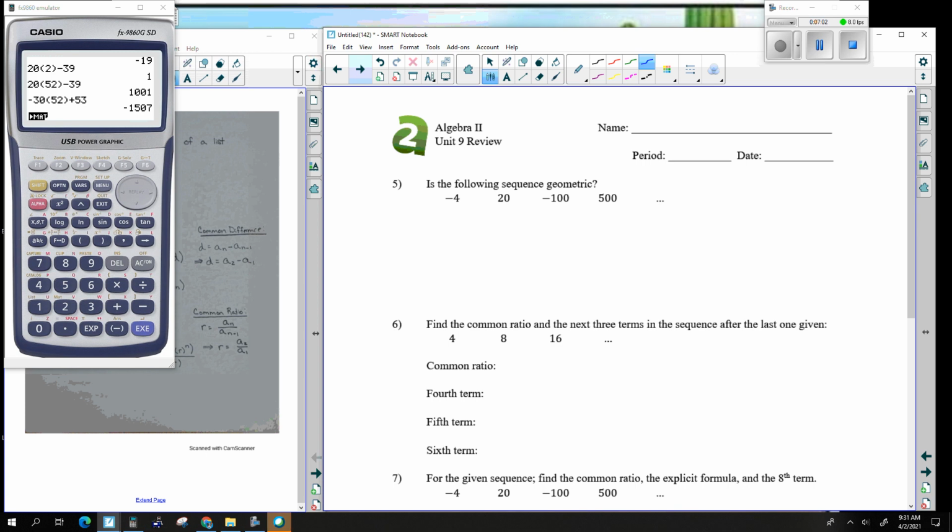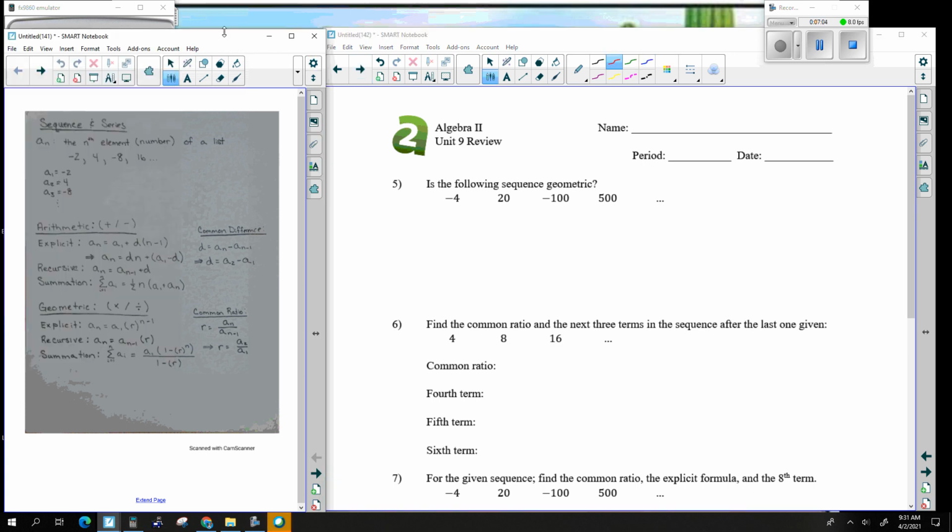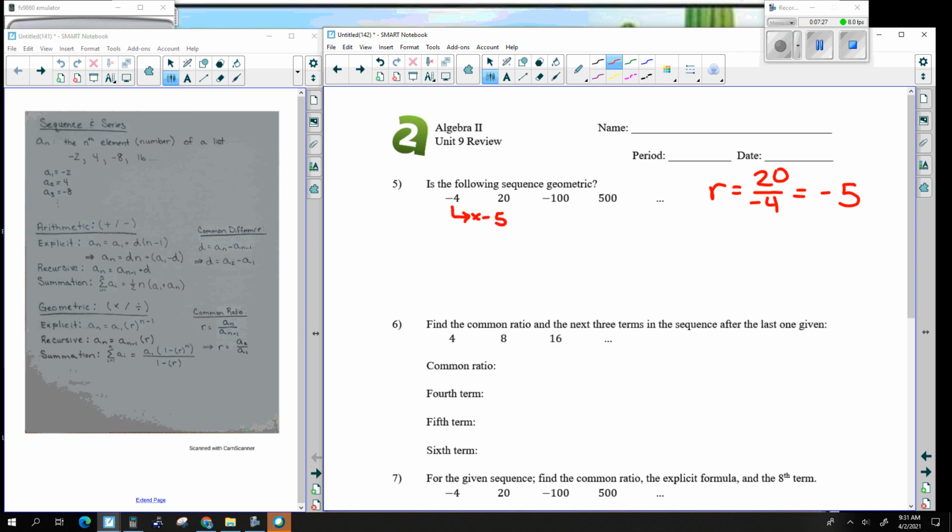Geometric. Okay, so geometric, make sure you take a look, and we have a whole category of geometric. So geometric is multiplying. So is the following sequence geometric? So we would have to have a common ratio, which is a2 divided by a1, so that's 20 divided by negative 4, so that's negative 5. Are we multiplying by negative 5 every single time?